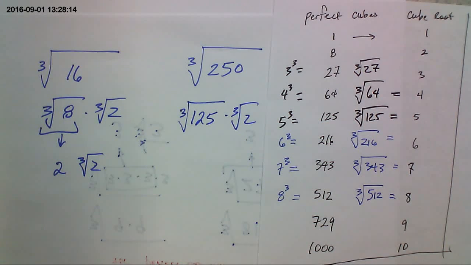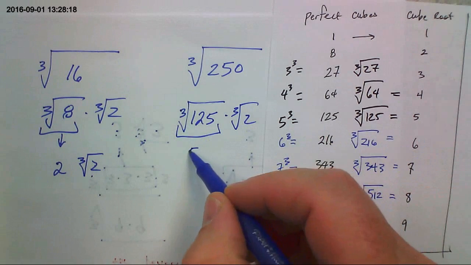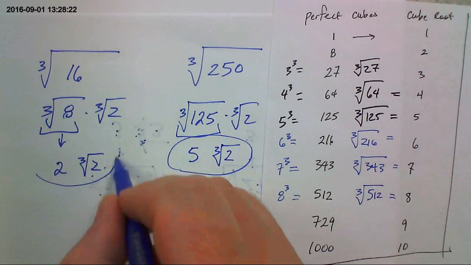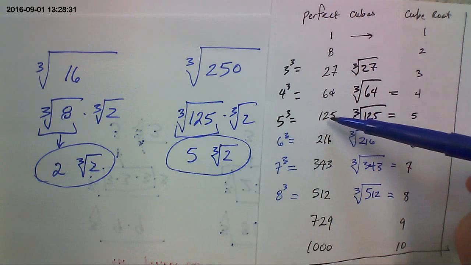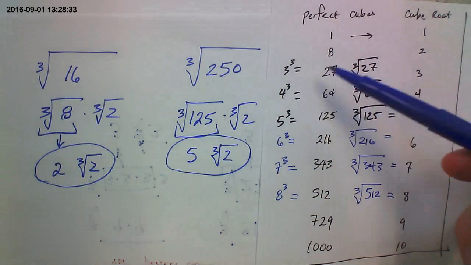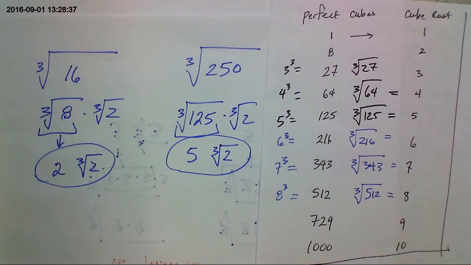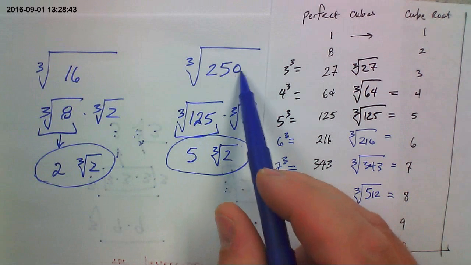And this number right here, you see, it's 5. This number right here just stays by itself. What about this one? You see, 2 times this is 250. Because 125 times 2 is 250.